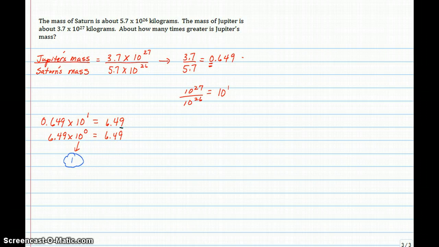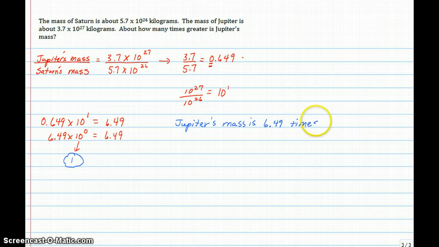All right, so you know that you're writing about how many times greater Jupiter's mass is than Saturn's, and so that's what we're going to answer right now. Jupiter's mass, again, your work is just this little bit of stuff you put in here, is 6.49 times greater.